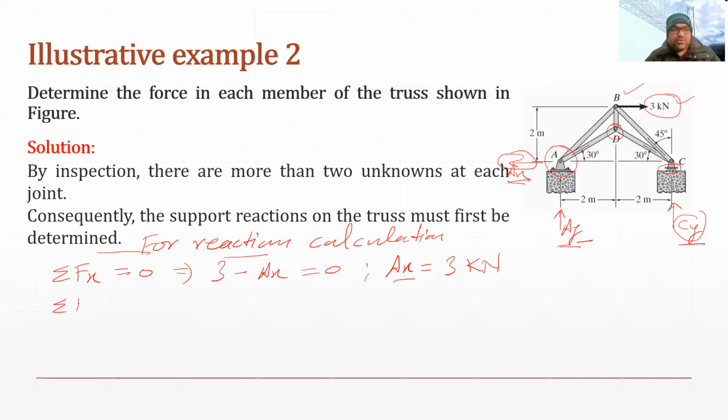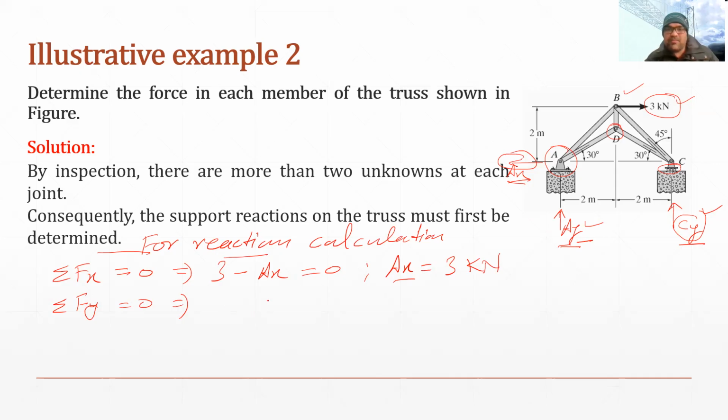Similarly, we will find another value using another equation, which is summation of Fy equals 0. In this case, there are two vertical forces, the first one is AY and the second one is CY. There are no other forces.